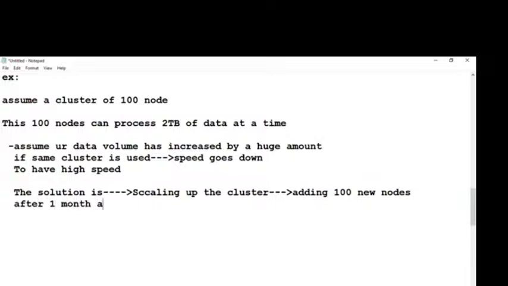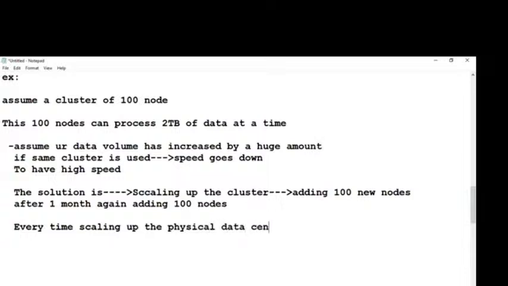After 1 month, again adding 100 nodes, as data keeps on increasing and we keep on adding nodes. Every time scaling up the physical data center is a complex task.